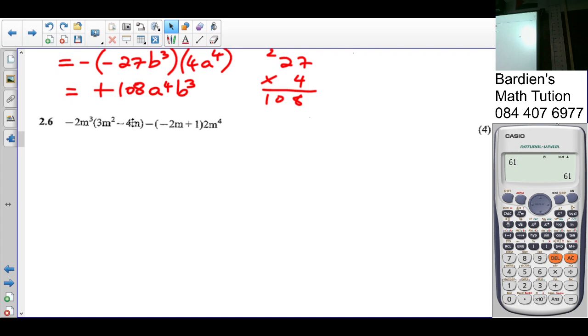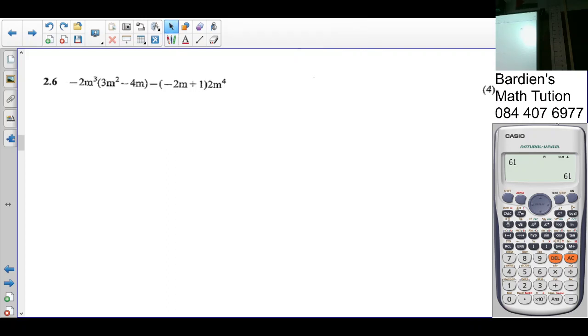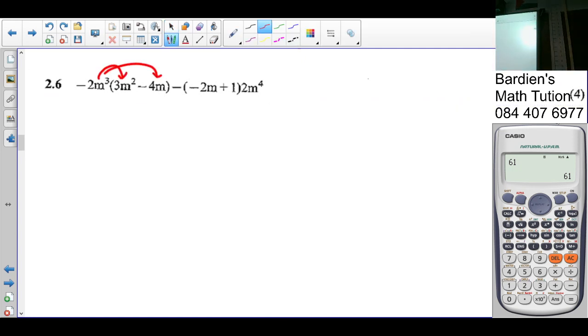2.6. What needs to be done first here? What needs to be done first? Multiply out. Get rid of the brackets. Yes. Get rid of the brackets. Let's go. So I'm going to write this in front. Okay?